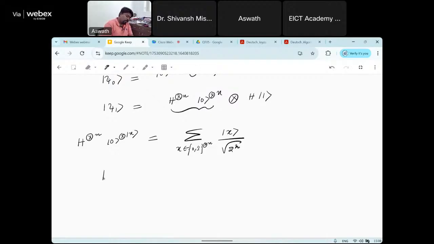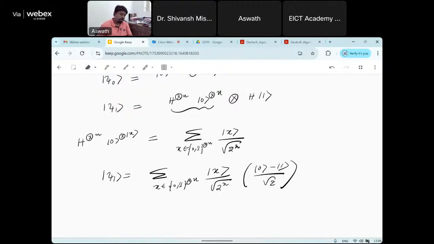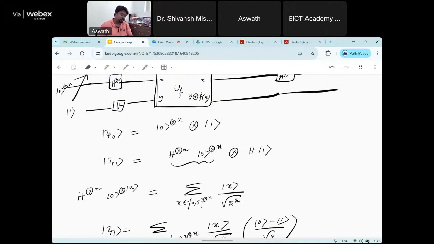So psi 1 is the summation over x of |x> divided by square root of 2^n, tensor (|0> - |1>) divided by square root of 2. Psi 1 we got as per the circuit.